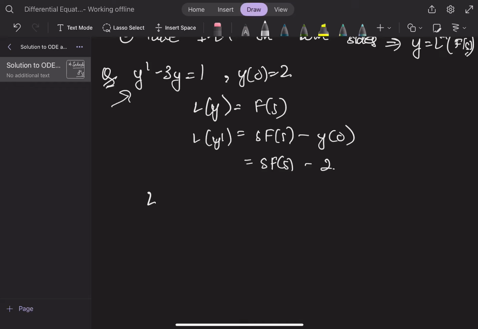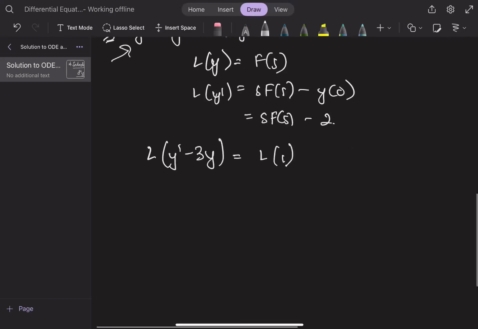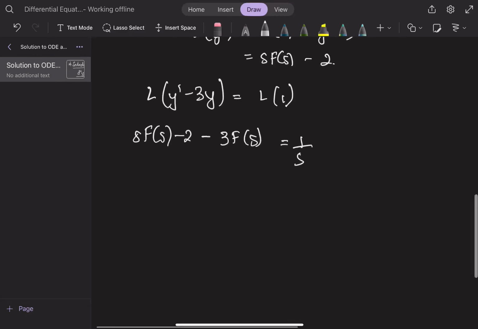So take Laplace on both sides. Laplace of y' minus 3y is equal to Laplace of 1. So Laplace of y' is sF(s) minus 2, minus 3 times Laplace of y, which is F(s), and Laplace of 1 is 1 by s. So let's take F(s) as common.